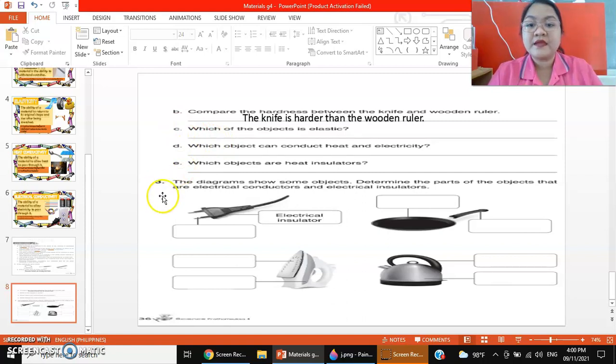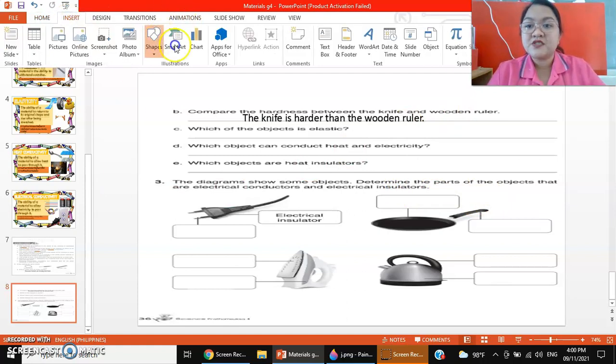Okay? And last, number 3, we have the diagram shows some objects. Determine the parts of the objects that are electrical conductors and insulators. So you're going to write electrical conductor or electrical insulator.